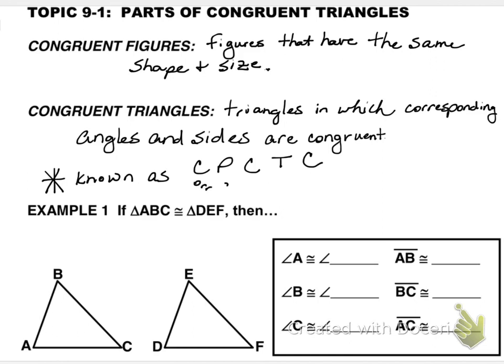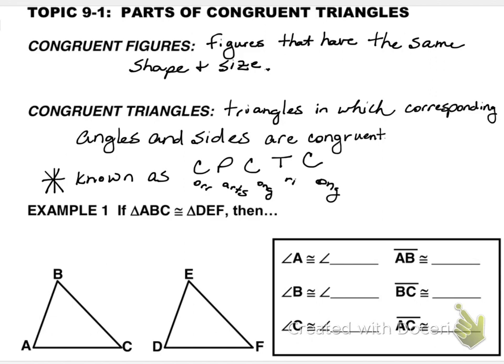Corresponding parts of congruent triangles are congruent. Okay? Corresponding parts of congruent triangles are congruent. CPCTC. Just sort of rolls off the tongue.